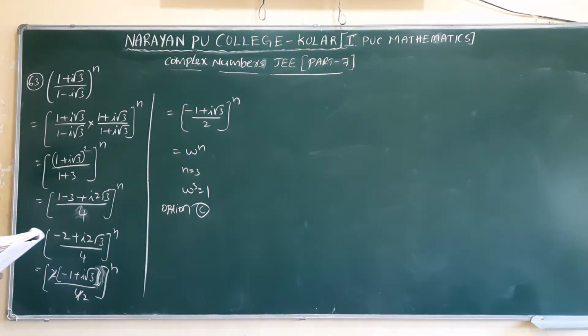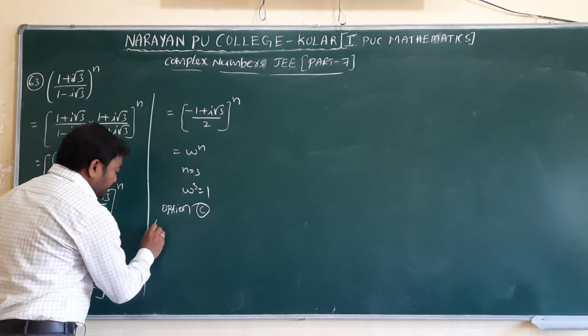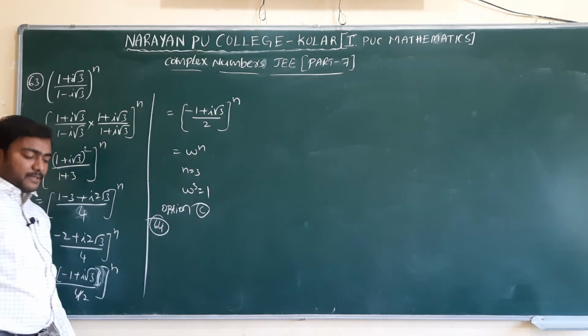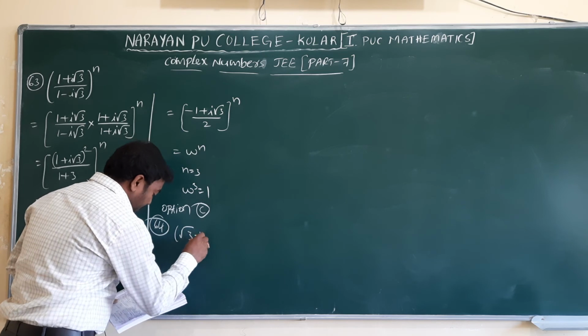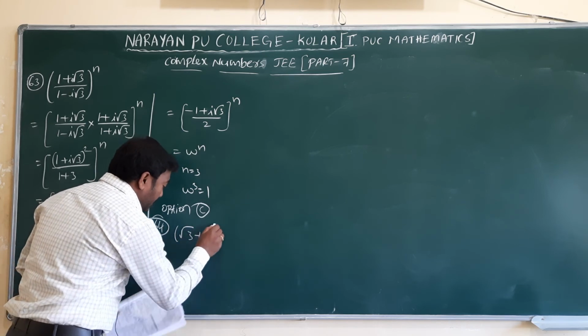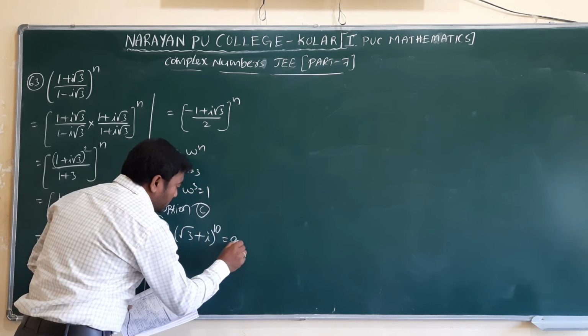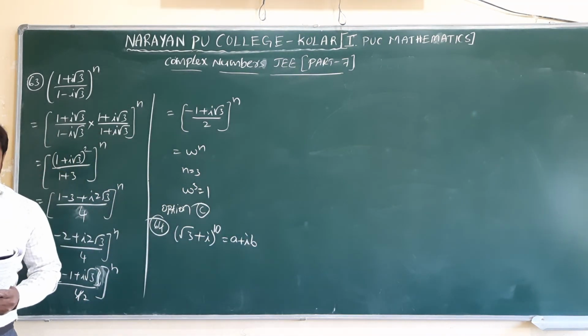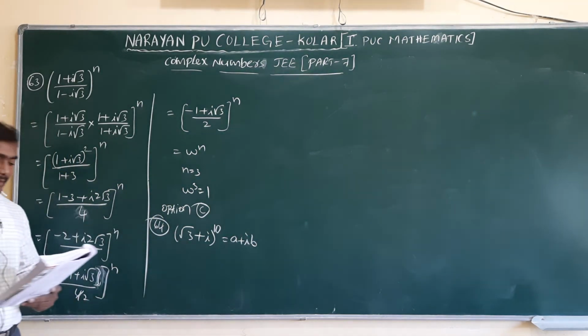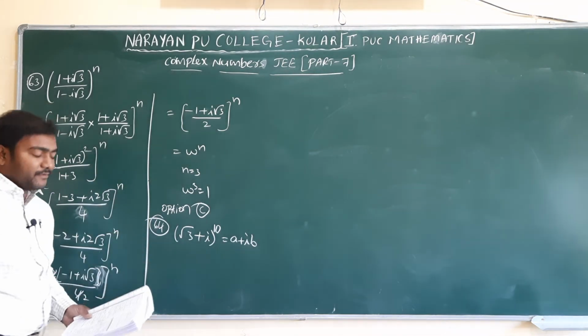Okay, next question, question number 64. (√3 + i) whole power 10 is equal to a + ib. Then a and b are respectively. Here we have to find the value of a and b.